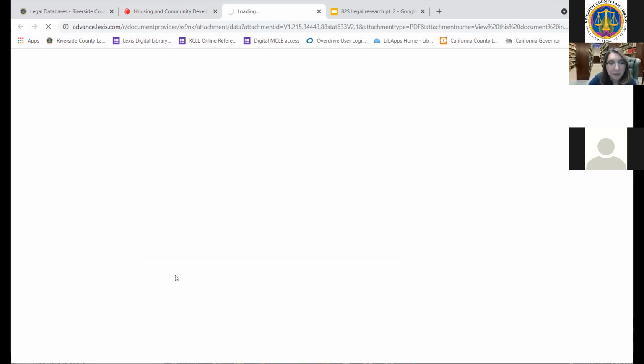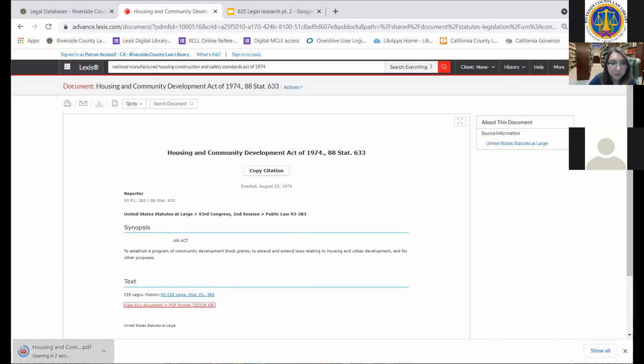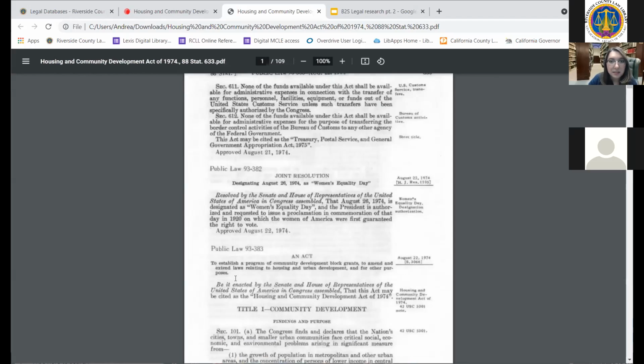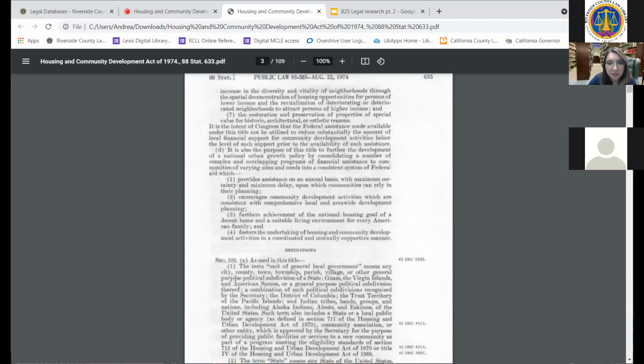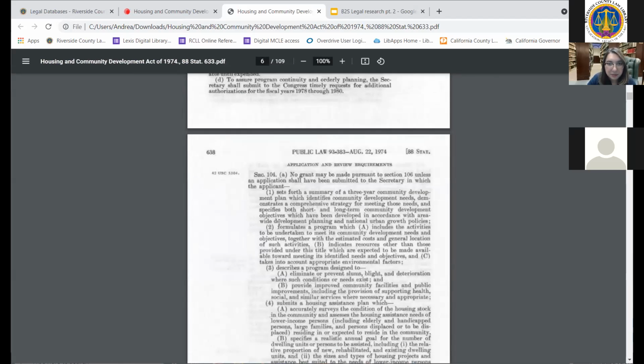So that's why it's not popping up, because it's huge. So this is the whole thing. So I guess they just haven't digitally put it on there. But this is pretty big.